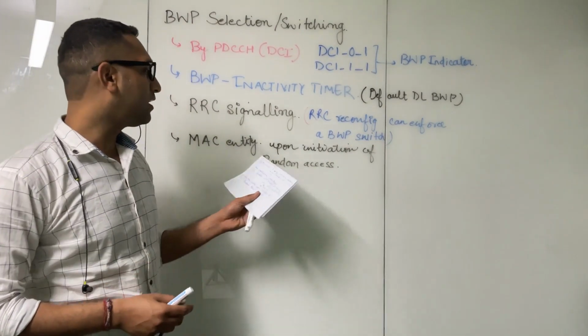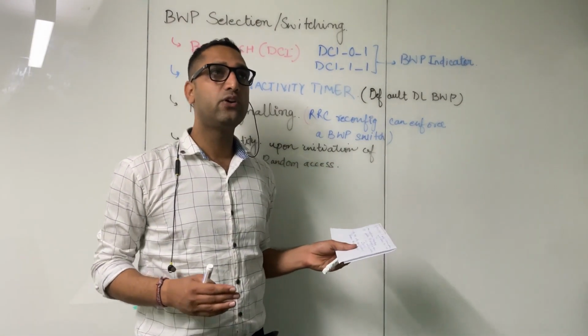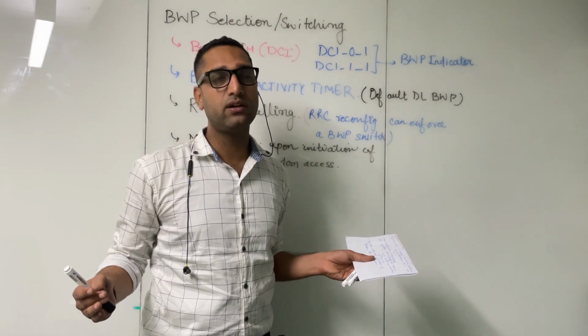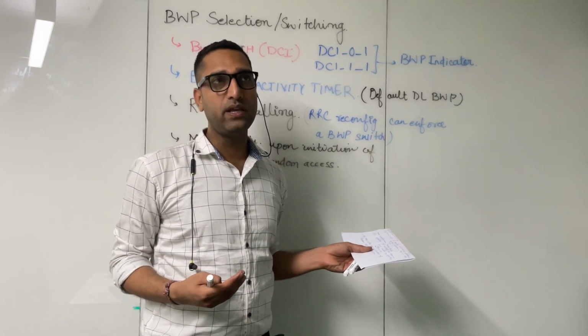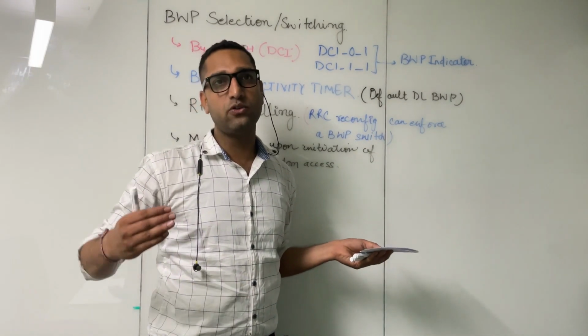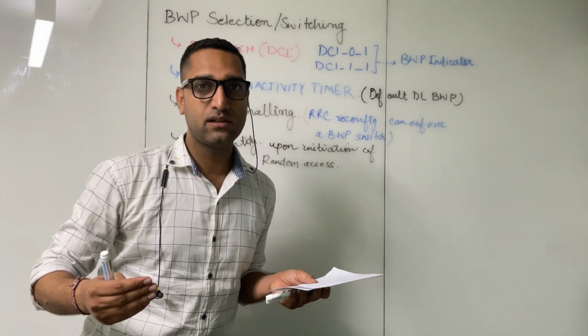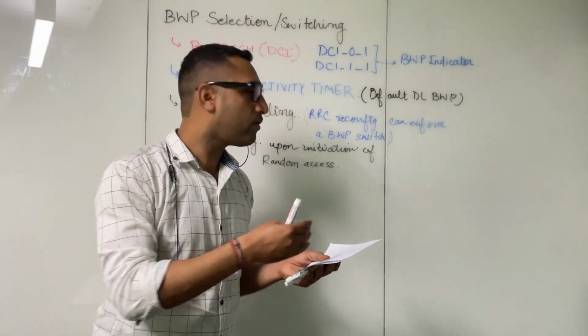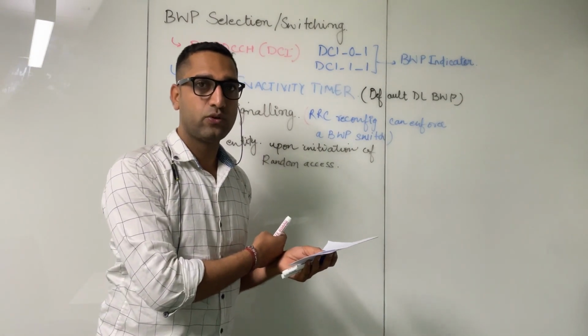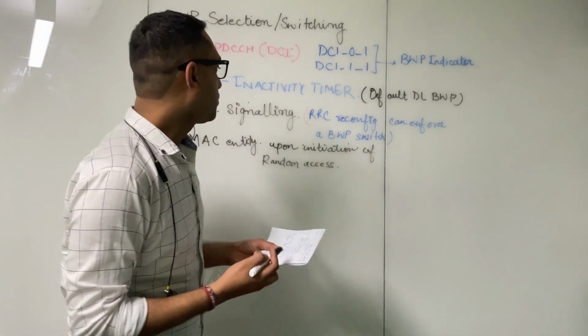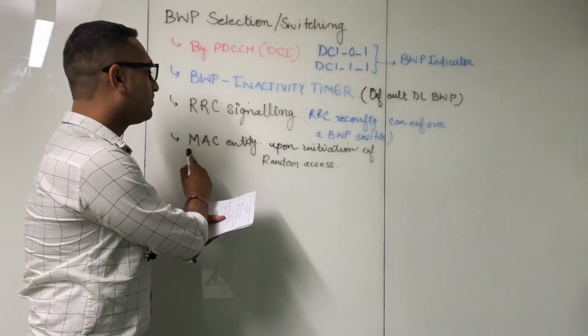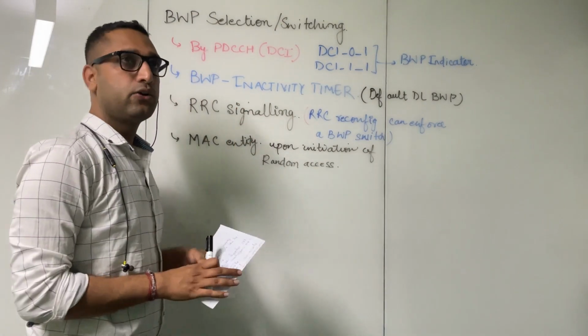Random access will be initiated, but UE does not have any random access configuration for that particular BWP. So of course, it makes sense: UE will switch to another BWP for which it has uplink configuration. So it's kind of forcing UE's hand to switch the BWP. UE's MAC entity will take it upon itself to switch the BWP.